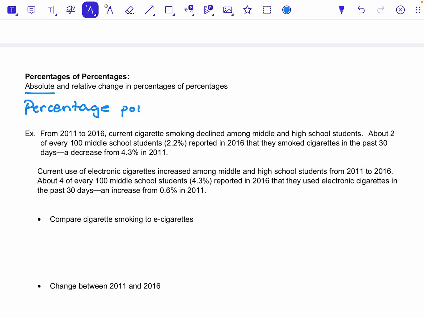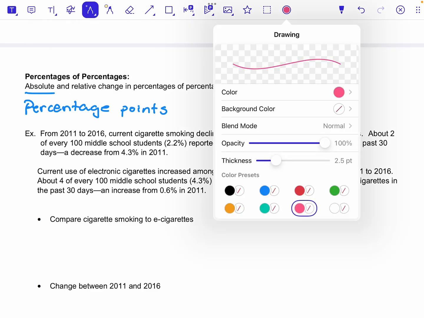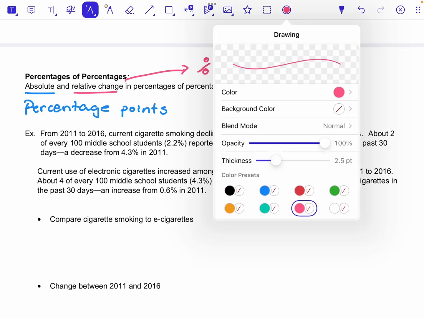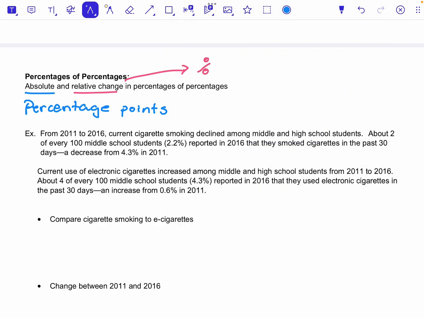So the label would actually be percentage points, versus relative change, which is still a percent change. So it's the percent increase versus the percentage points, think added. It's an adding relationship versus a multiplicative relationship.